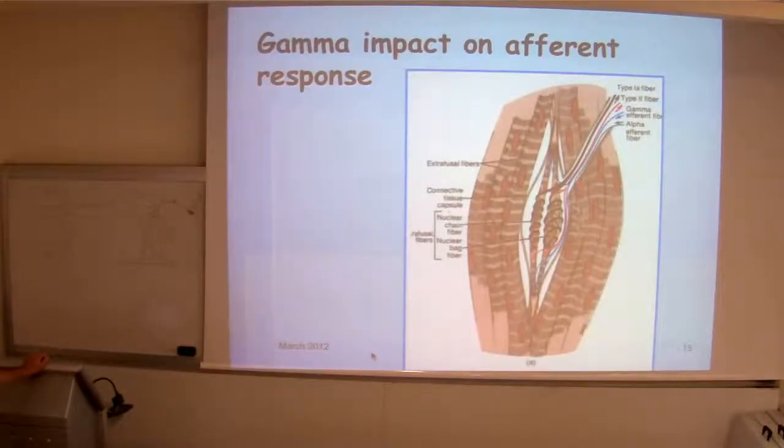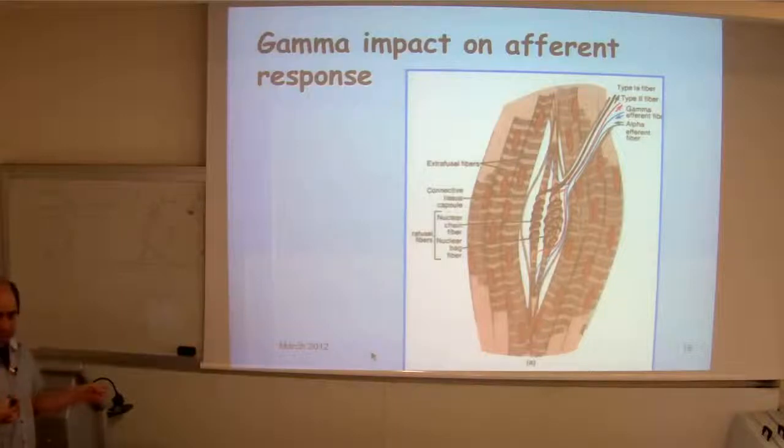Okay, so what will happen if we activate this gamma motor neuron, the one that activates here on the side of this spindle? What will happen when you activate the motor neuron? It will stretch, right? So what will happen to the stretch receptors here? They will be activated, right?